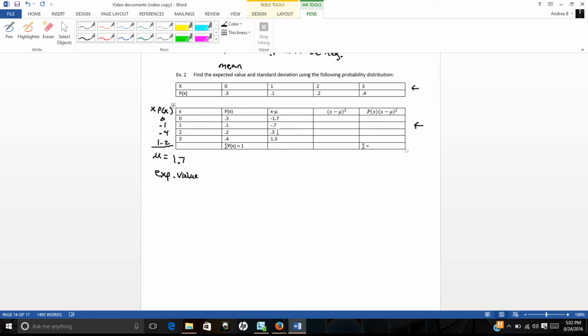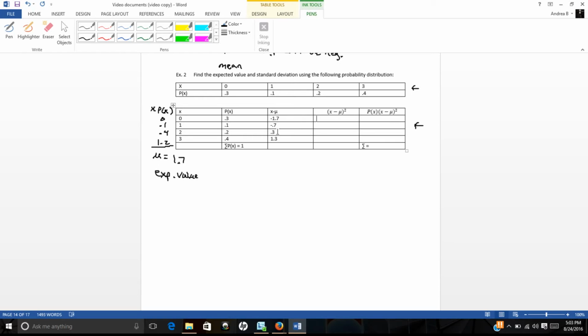And keep in mind here, I did write it down, that the column that had the probabilities, those probabilities always need to add up to 1, just like we discussed in example 1. Otherwise, it's not an actual probability distribution. Then for the next column, you square all the numbers.